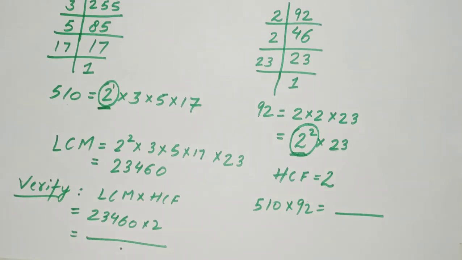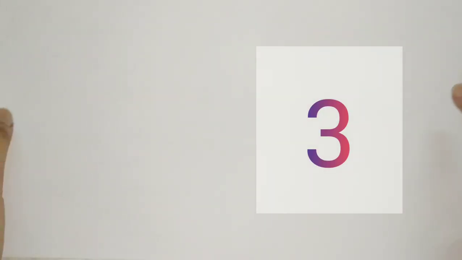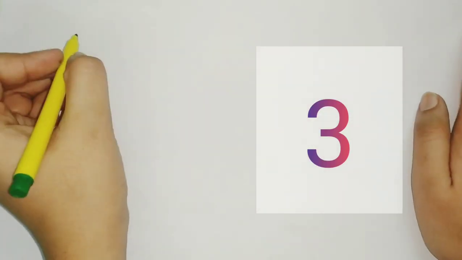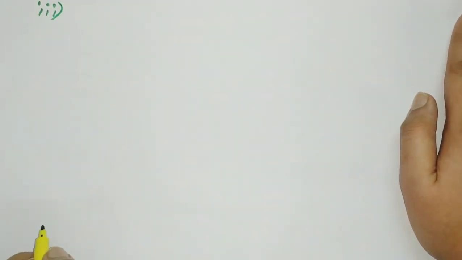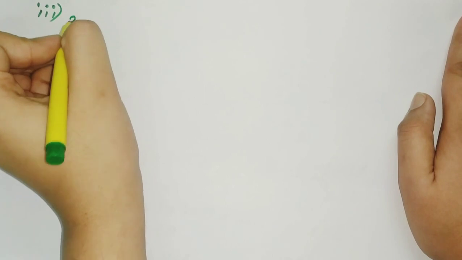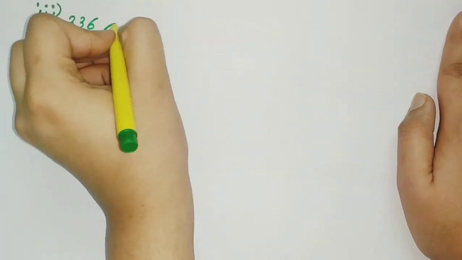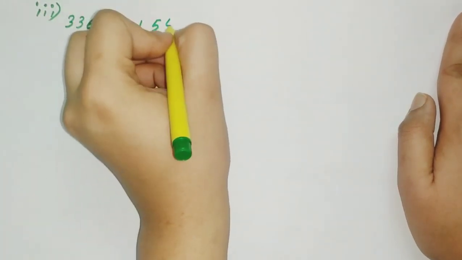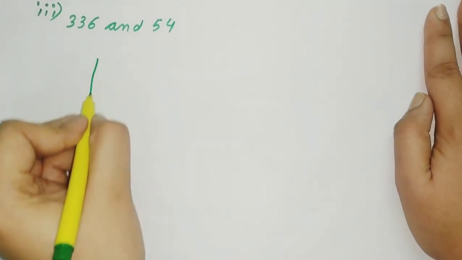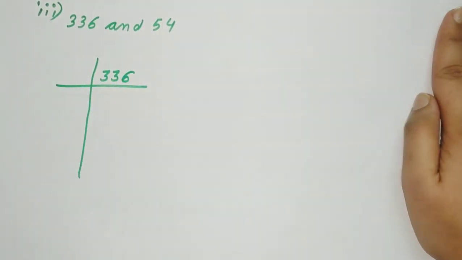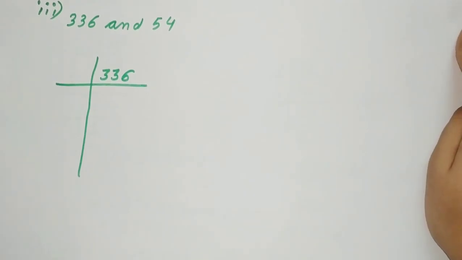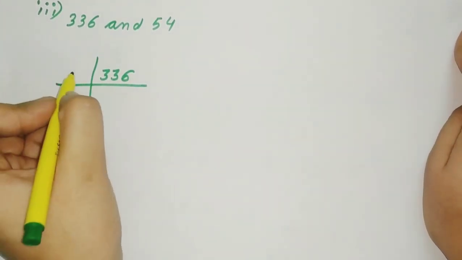Let's move to the third part, which is 336 and 54. Again, 336 is divisible by 2 since it ends with 6.